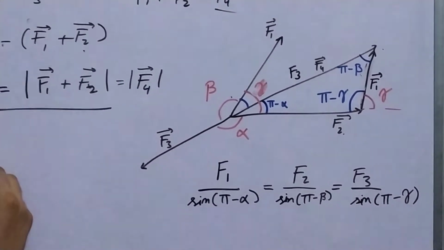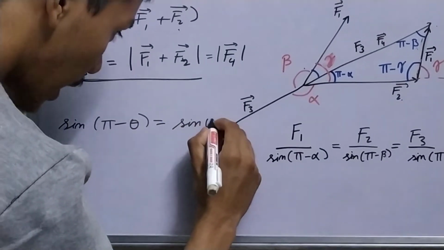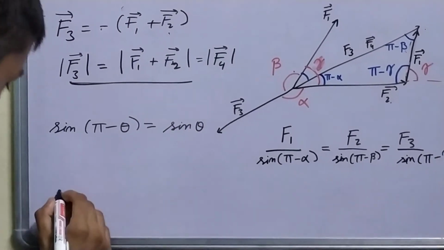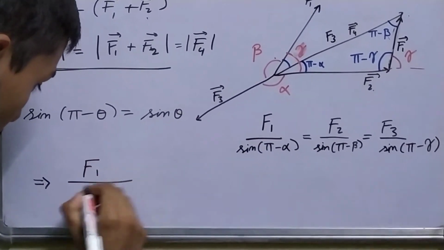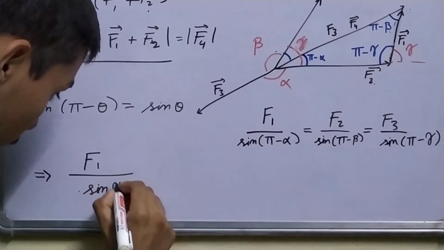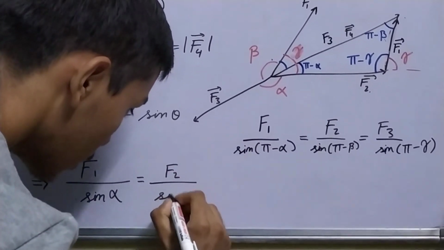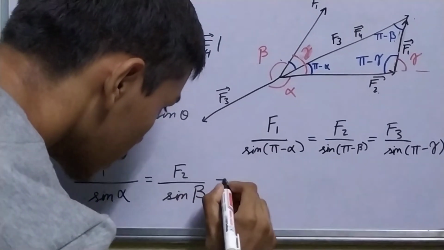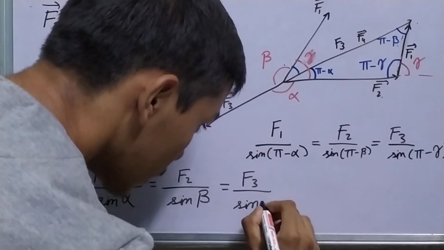Now we know that sine of pi minus theta is the same as sine theta, so we can say that F1 upon sine alpha is equal to F2 upon sine beta is equal to F3 upon sine gamma.